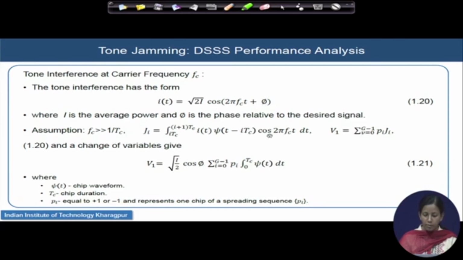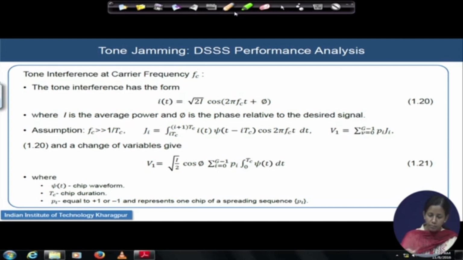And remember one more thing: the signal that enters the output of this adder, if you go back and check the block diagram I showed earlier, there was an adder adding over G number of samples, and then the output of the adder was entering the decision device.